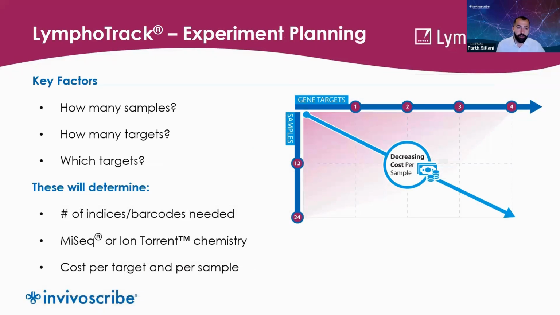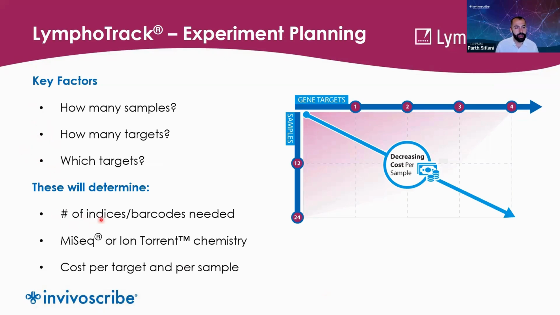Now, for LymphoTrack, you do have to plan your experiment a little bit more carefully. I did mention that the cost per sample is heavily decided by the number of samples that you will test per batch. So as you're considering LymphoTrack, you really have to think about how many samples you'll be testing, how many different gene targets you will combine together, and which of those targets you will test.